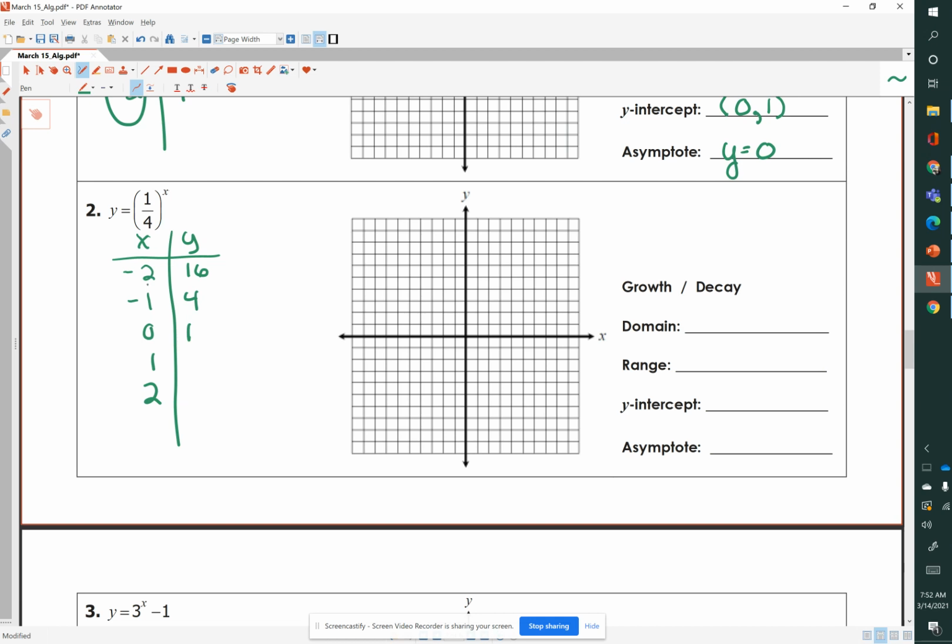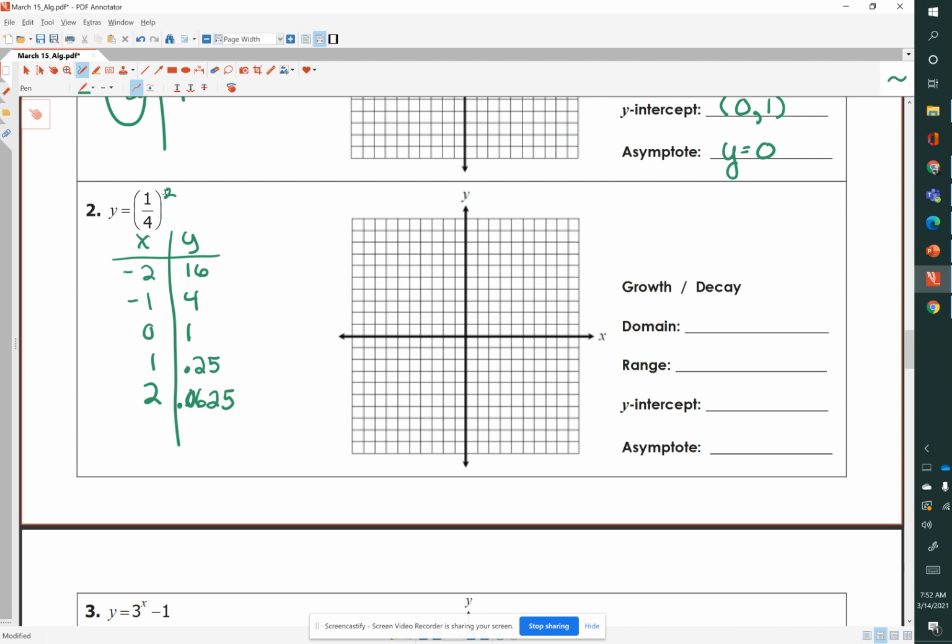When x equals 0, the function equals 1. When x equals 1, the function equals 1/4, and I'm going to put that as a decimal today, 0.25. And when x equals 2, the function equals 0.0625.